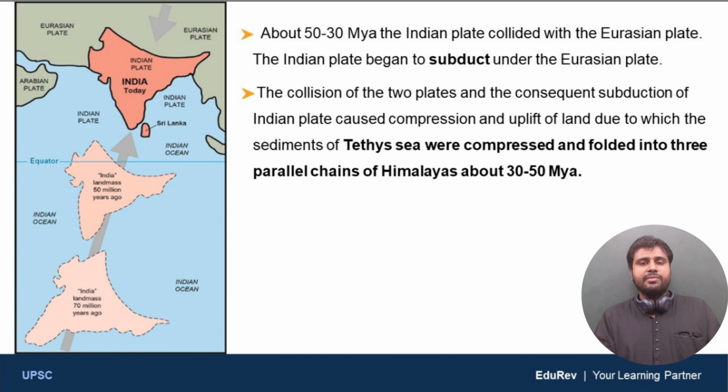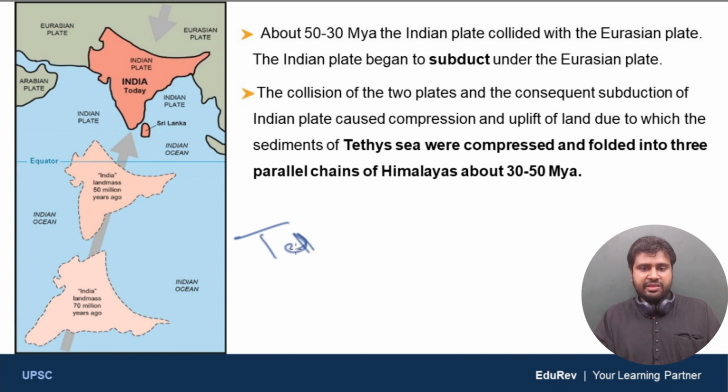Now, we know that Himalayas are formed when the Indian plate collided with the Eurasian plate. And we also know that once upon a time, there used to be the Tethys Sea between the Indian plate and the Eurasian plate. That we have discussed in the previous video.